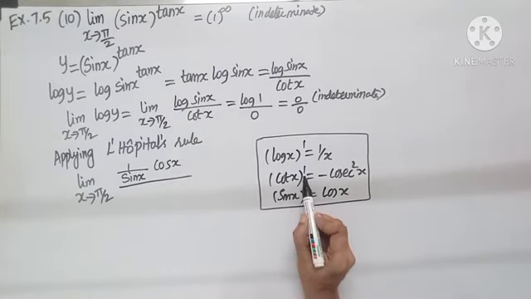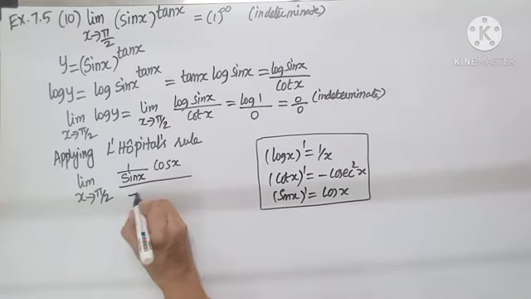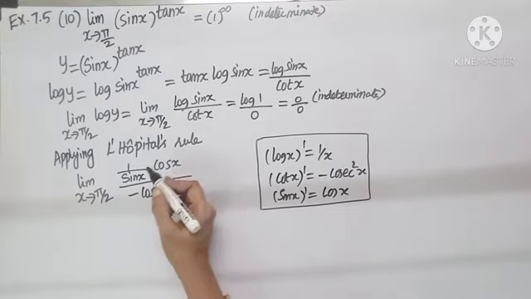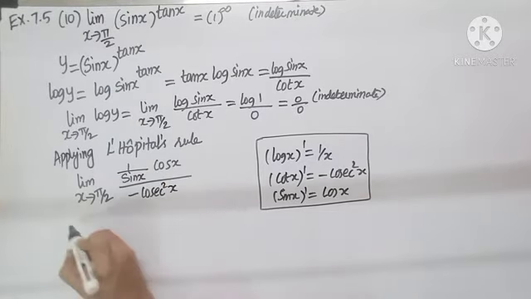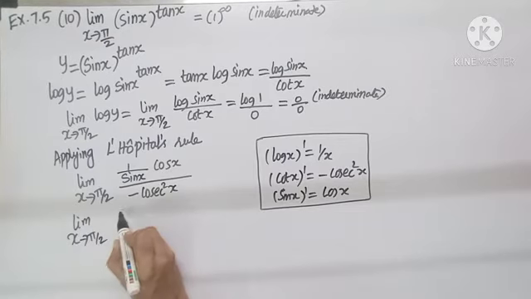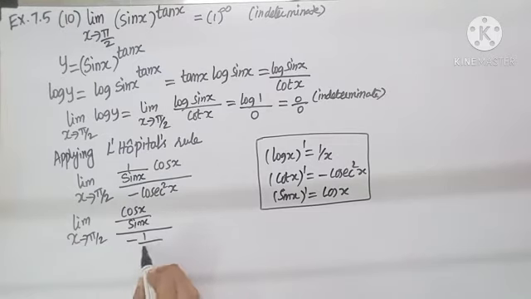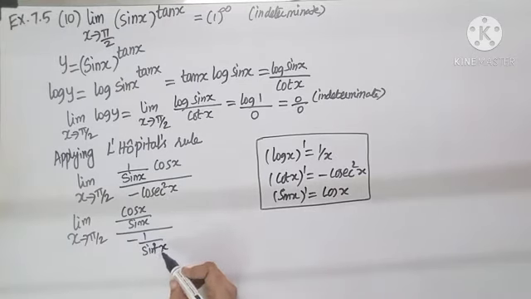Cot x derivative, we must remember, is minus cosecant square x. As we simplify, writing cosecant square x, limit x tends to pi by 2 cos x by sin x divided by minus 1 by sin square x. Cosecant square is nothing but 1 by sin square.